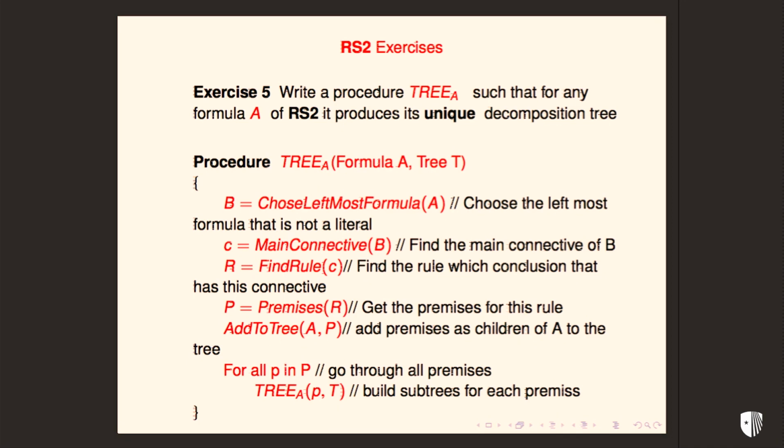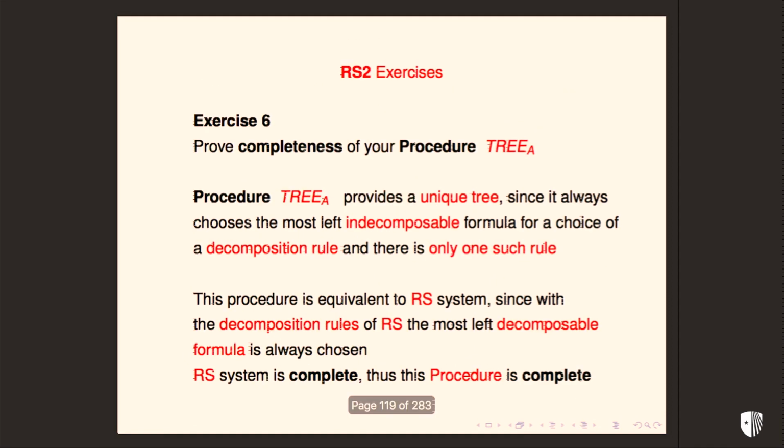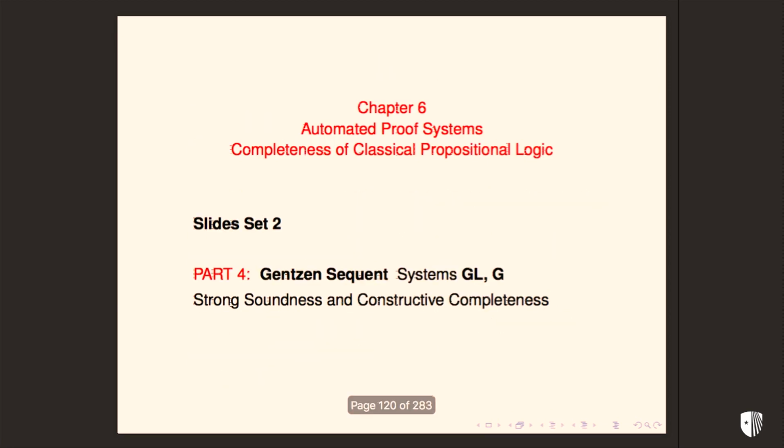So it chooses the leftmost formula, it means you go from left to right. So the procedure provides a unique tree because it always chooses the leftmost decomposable formula for the choice. So you can prove completeness as you did for RS.